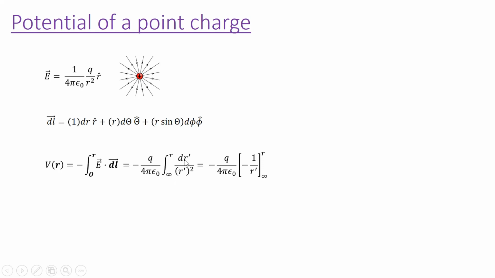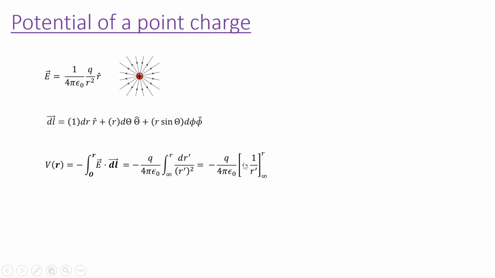And just for convenience, I've made this a dummy integration variable, dr prime over R prime squared, so we can have R as our limit of integration. Then the antiderivative of 1 over R prime squared is minus 1 over R prime, evaluated from infinity to R.